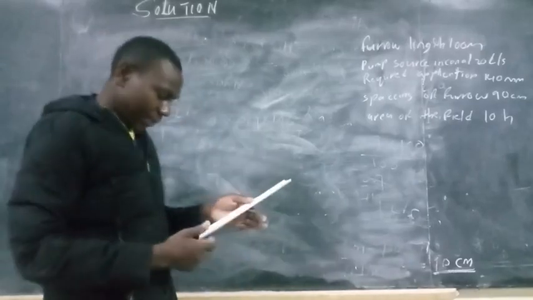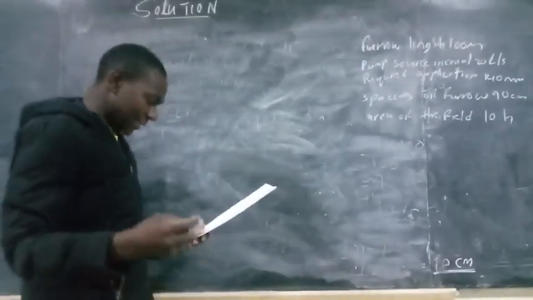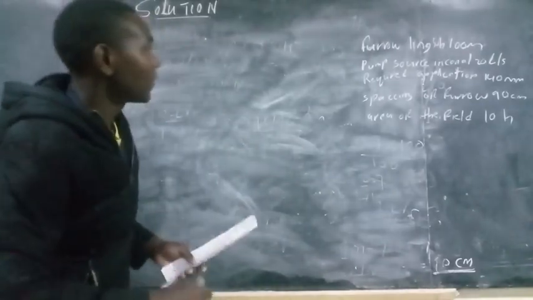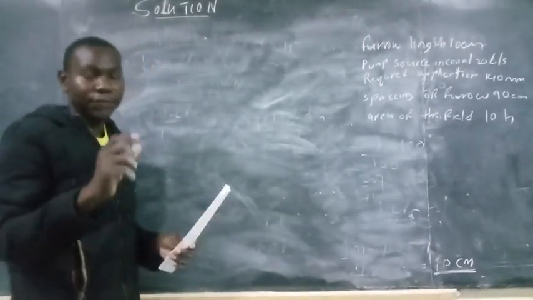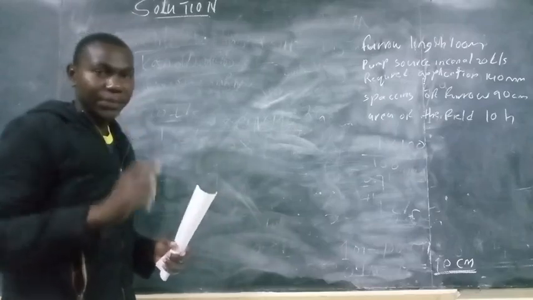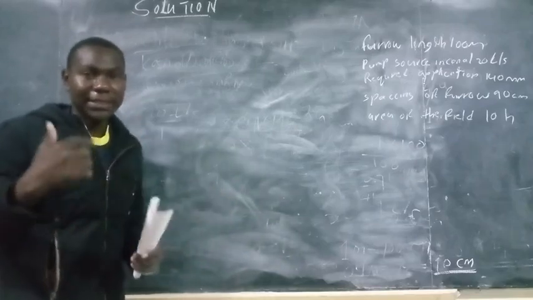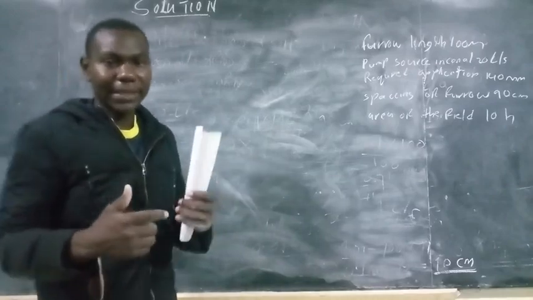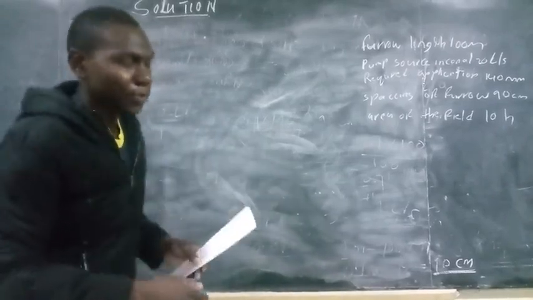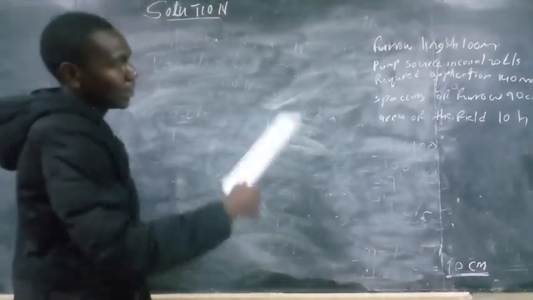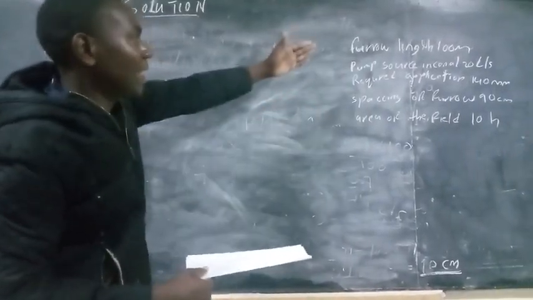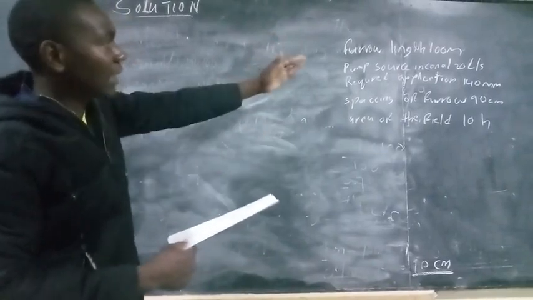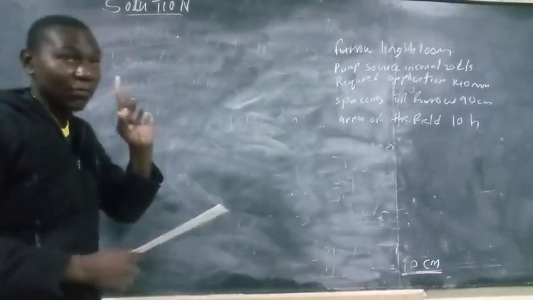Ladies and gentlemen, how do we calculate the area that can be irrigated at the same time? First, we have to find the area of one furrow. Then we multiply it times the number of furrows which can be irrigated at the same time. So we get the spacing times the length of the furrow, so that we calculate the area of one furrow.